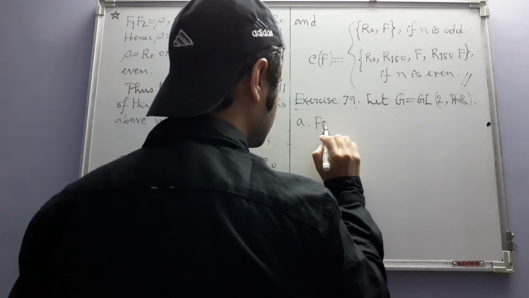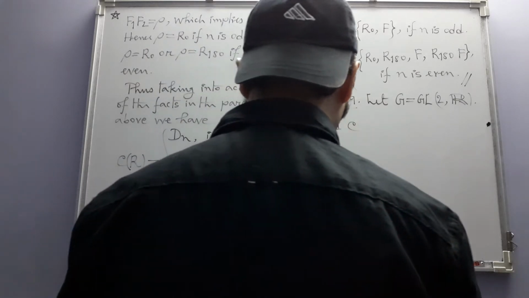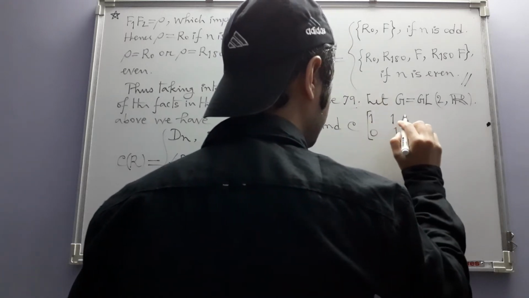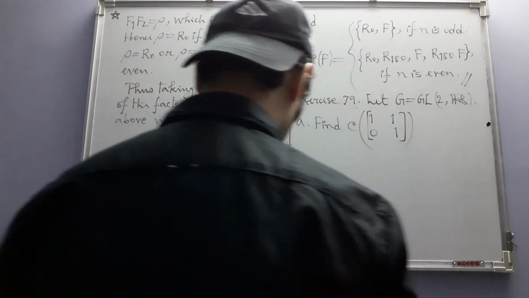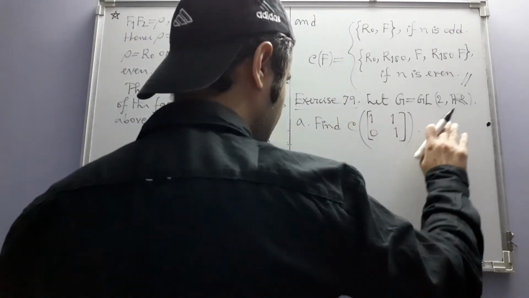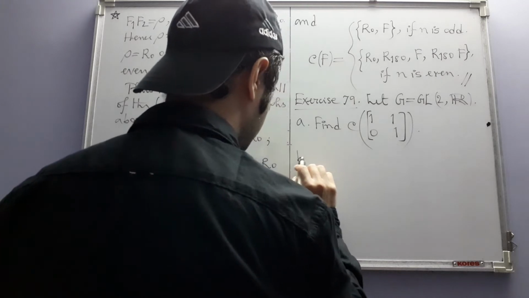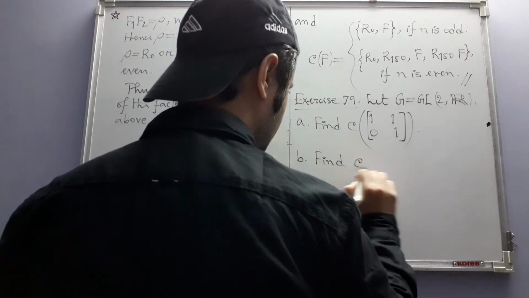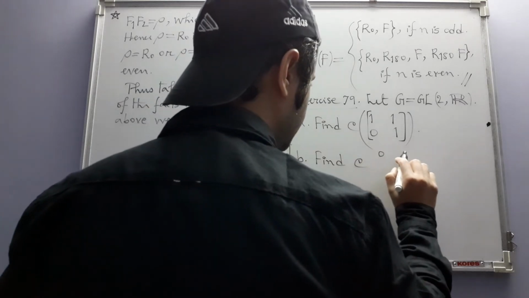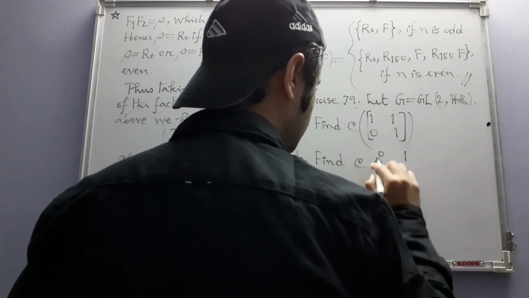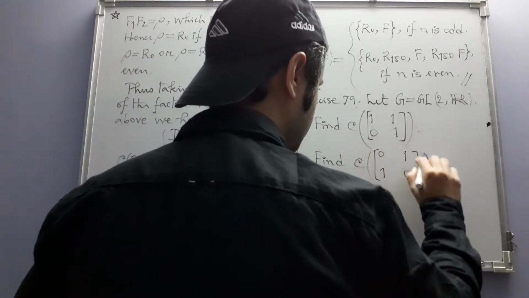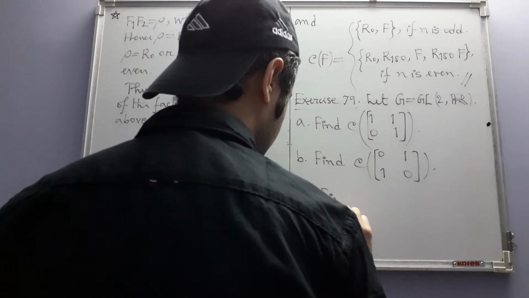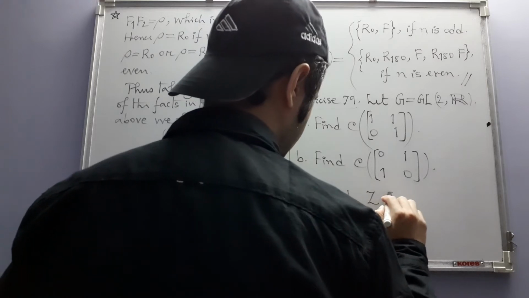Part A: find the centralizer of this particular matrix, 1 1 0 1 row wise. The first row is 1 1, the second row is 0 1. Part B: find the centralizer of this matrix, 0 1 1 0. And part C: find the center of G.